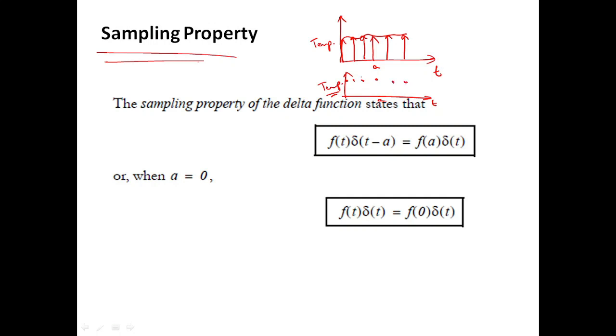This property is called sampling: with any given continuous time signal, when you multiply by the Dirac impulse function or the impulse train, at those specific locations where we have the Dirac impulses, we will get the values of whatever the variable is.